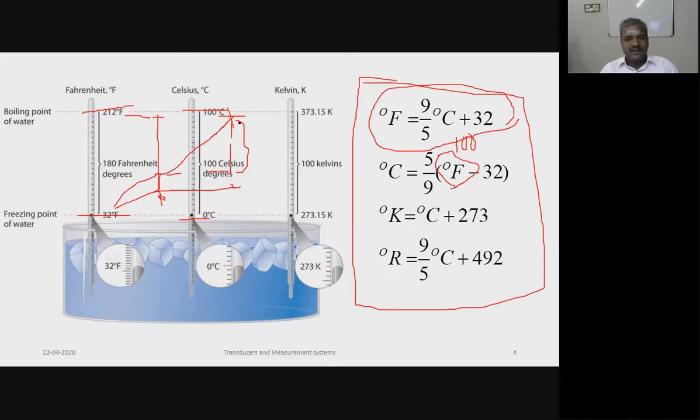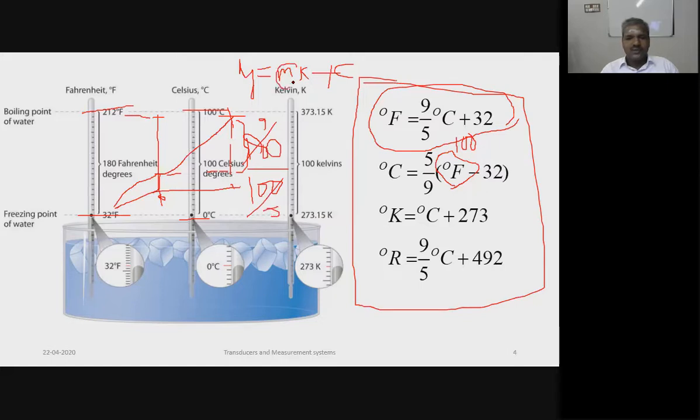So following y equal to mx plus c, what is the slope m? Here 180 Fahrenheit divided by the difference 100. So 180 by 100: you cancel, 9 times 20 and 5 times 20, so 9 by 5.